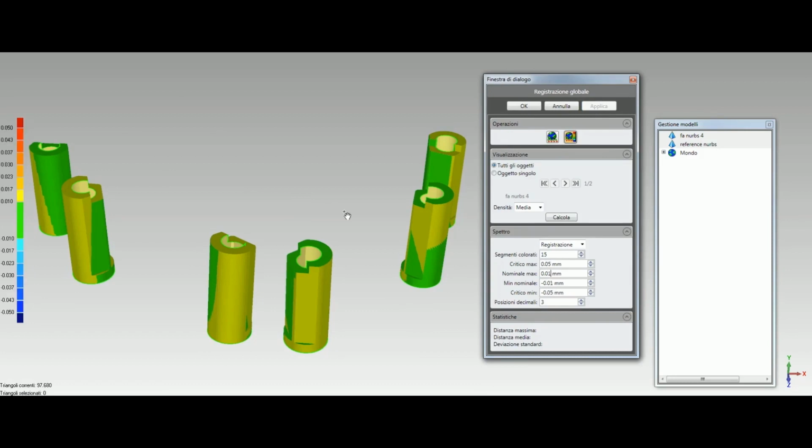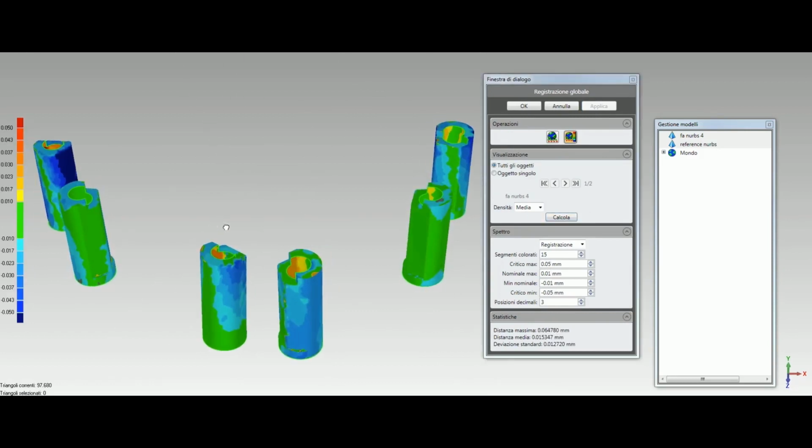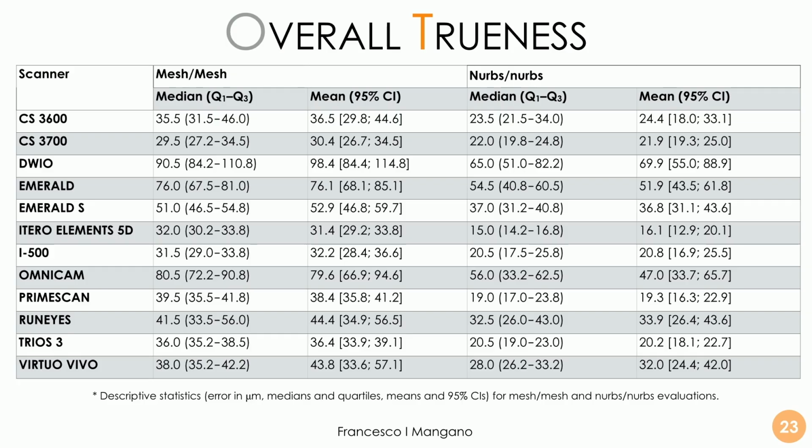So basically here we have a superimposition of library files, but in the position given by the mesh. And once again, we have this situation with green that is good, and blue, light blue, and pale blue, which are not good enough because there are deviations. And here in this table we can see the overall trueness.